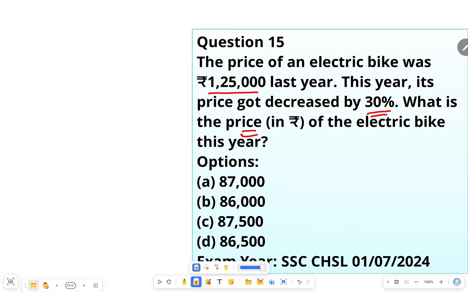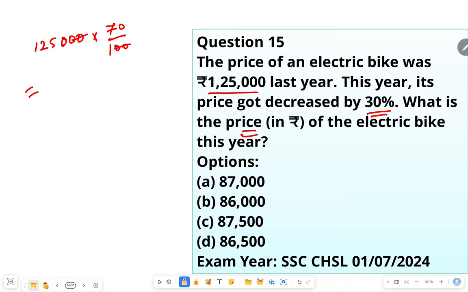Now you learn this, and after that, 125,000 times 70 divided by 100. Directly you can get this.